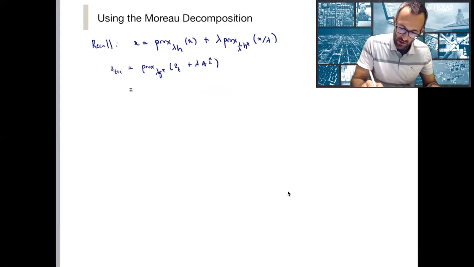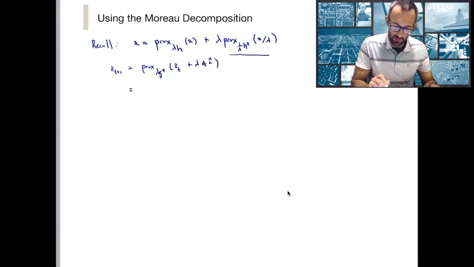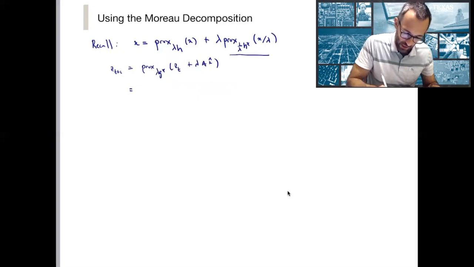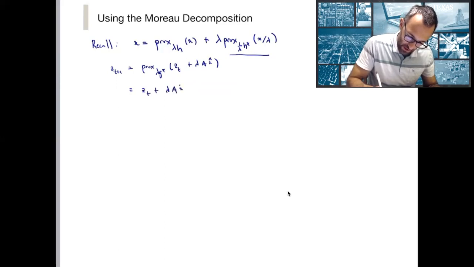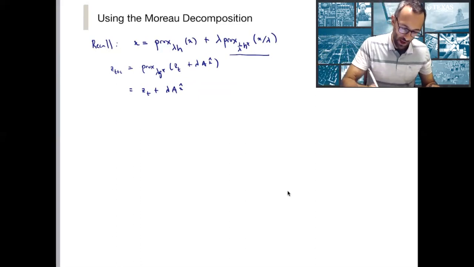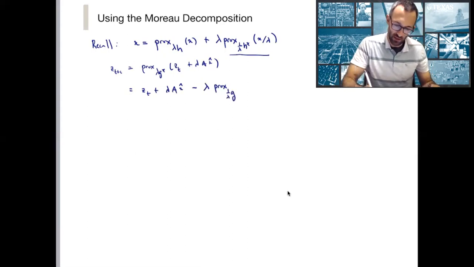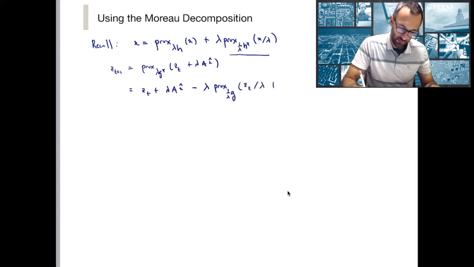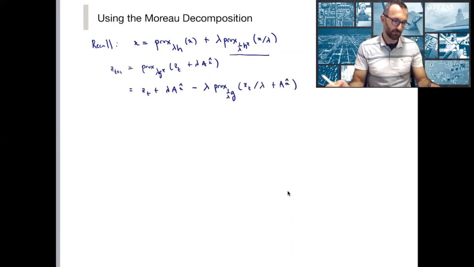And now, solving for this, we get that this is equal to z t plus lambda A x hat, because the prox of the dual is equal to x minus the prox of the primal, minus lambda times prox of 1 over lambda times g, evaluated at z t over lambda plus A x hat.